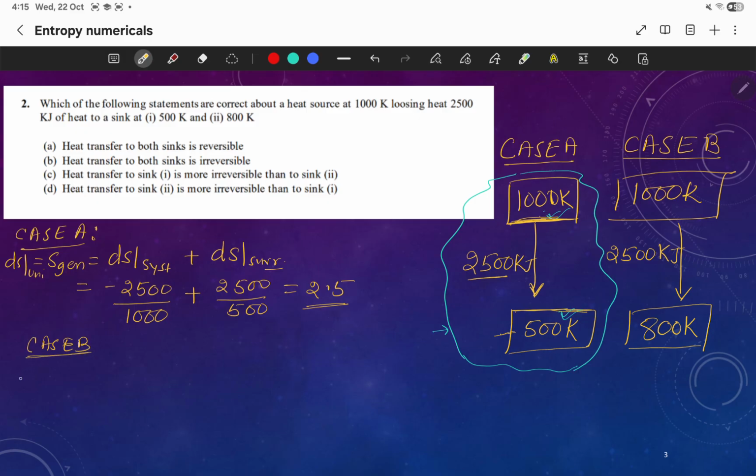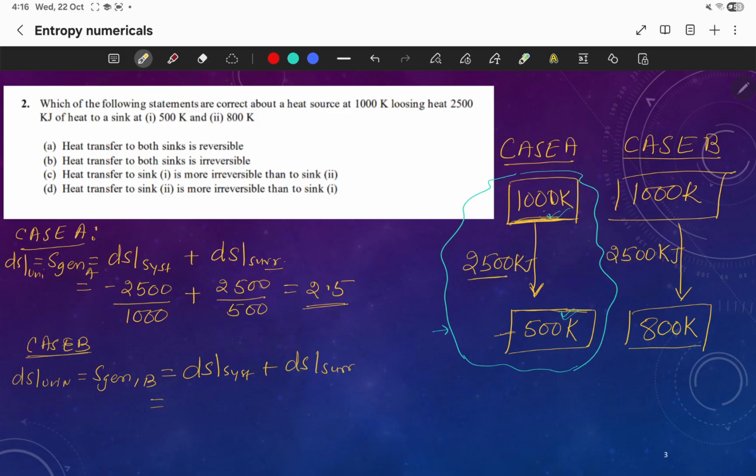And if I calculate delta S universe or S generation in case B, this is for A, this is for B, so similarly we will write delta S for system, change in entropy of surrounding.